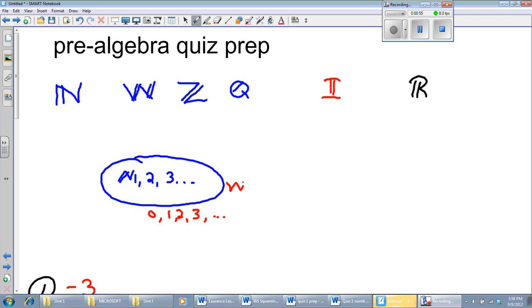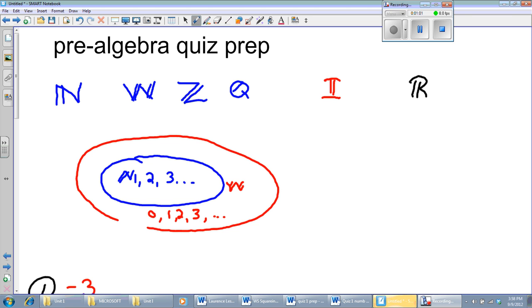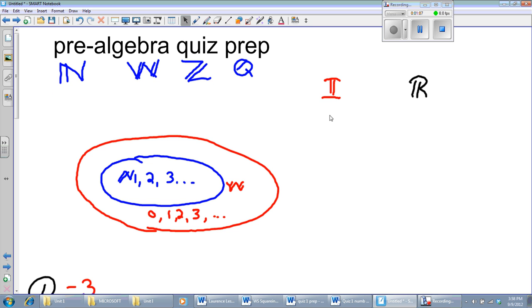So if a number is a natural number, it is automatically a whole number. And notice the numbers are in both of the circles, the natural circle and the whole number circle.